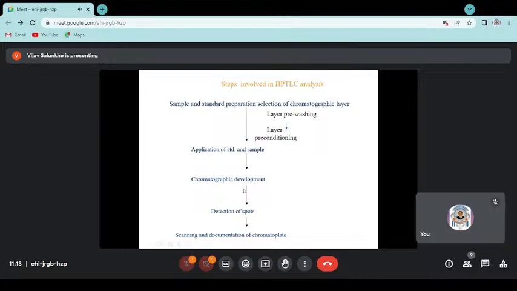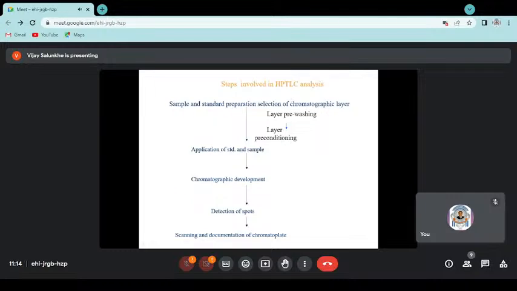In general, at first 90 methanol and 10 water, that is 90-10 methanol-water, should be used, and then we have to try different solvents of different polarities and different ratios.